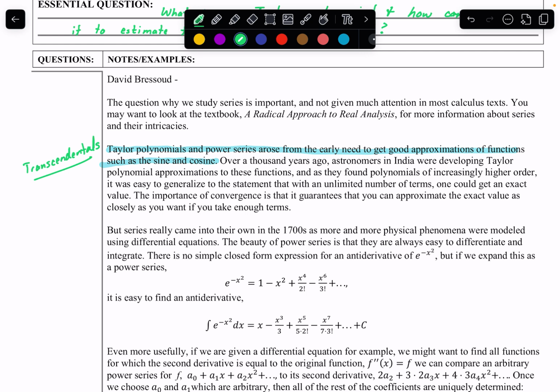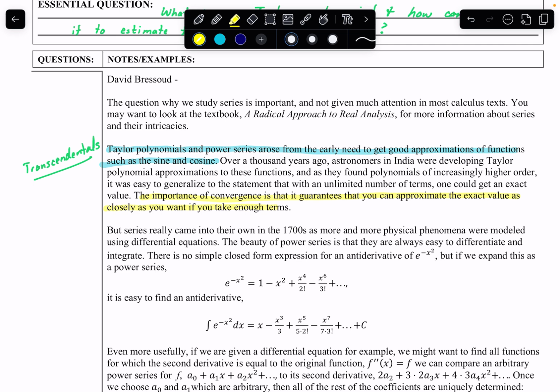Now, they were developed over thousands of years, and they explored what was happening in the universe. But we've talked a lot about convergence and divergence over the last few weeks. And it's really important that you understand that convergence is necessary because it guarantees that you have a good approximation for the exact value of your function if you use enough terms.